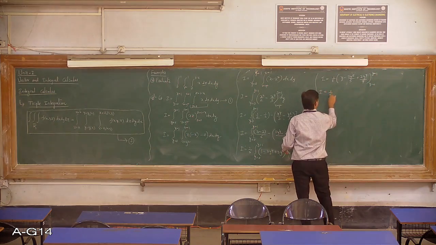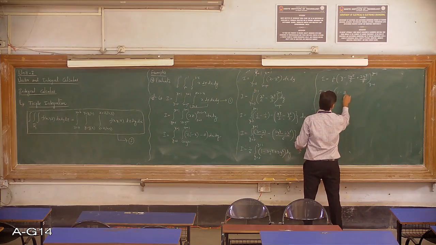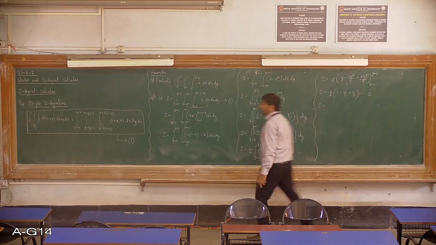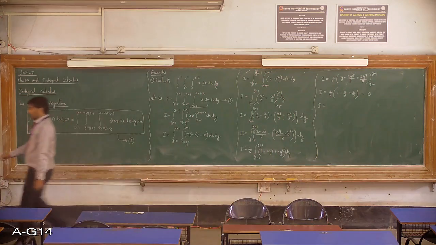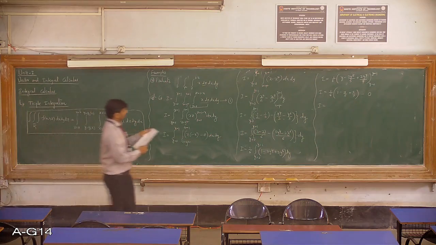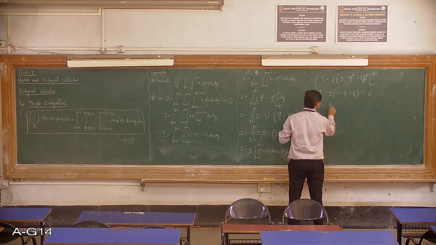Therefore I equals 1 by 6 times the bracket 1 minus 3 by 5 plus 2 by 7, minus 0. So the final answer here is I equals 4 by 35.